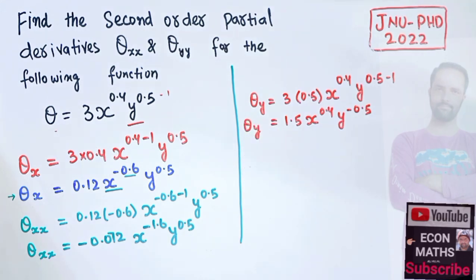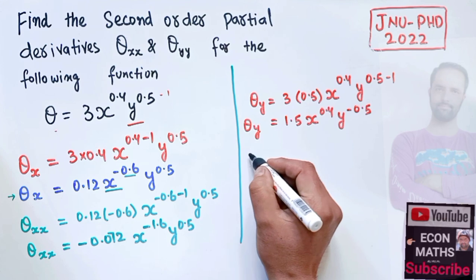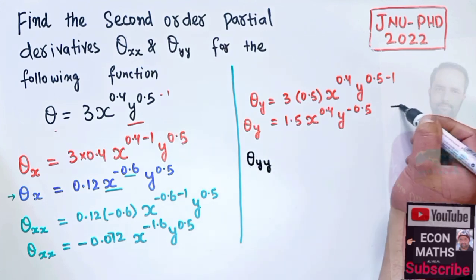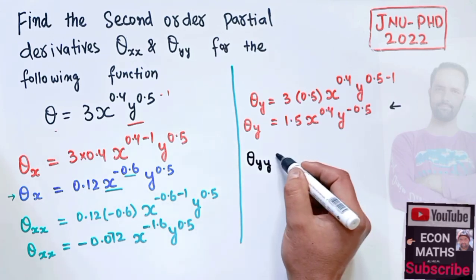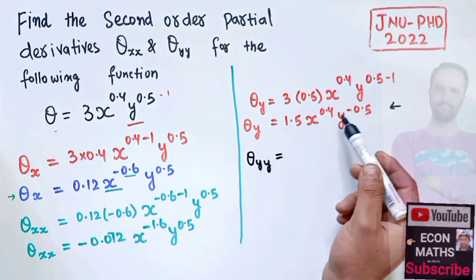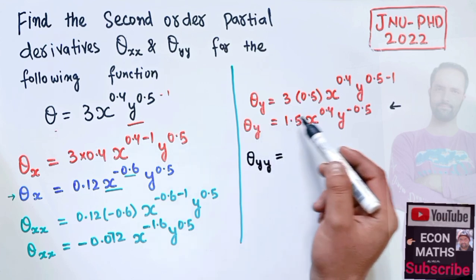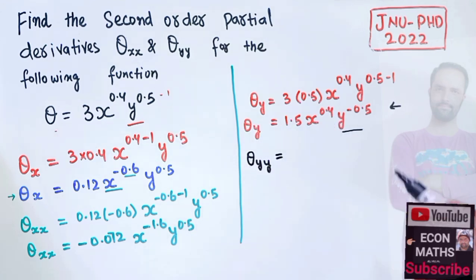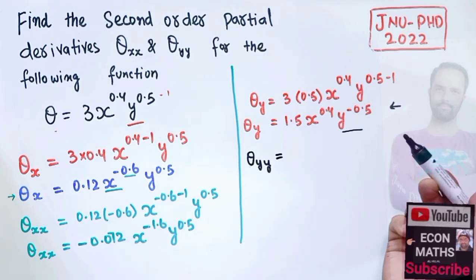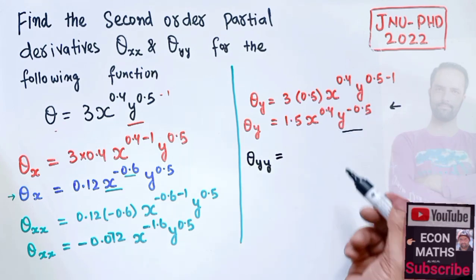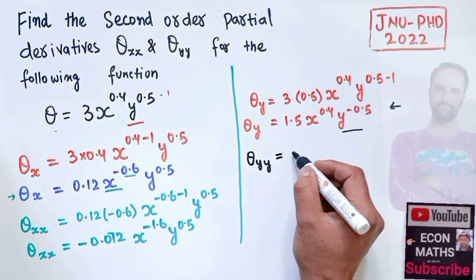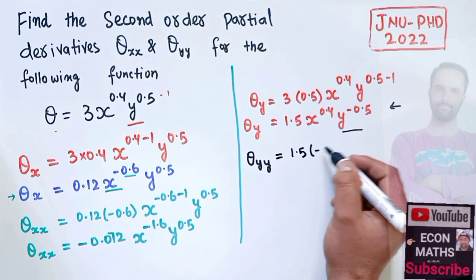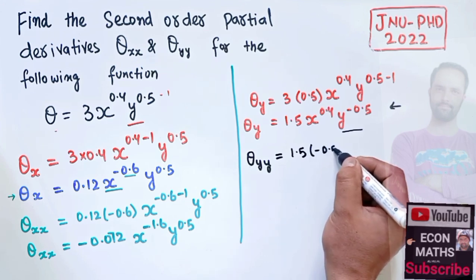Okay, now we need to find out the second order partial derivative, so second order partial derivative with respect to y. This is our first order partial derivative. Second order partial derivative means differentiating the first order partial derivative again with respect to y. Okay, so this is our variable here with respect to which we have to differentiate. So the exponent of this will become coefficient. So we have 1.5, taking this coefficient here, that is minus, multiplying it by 0.5.